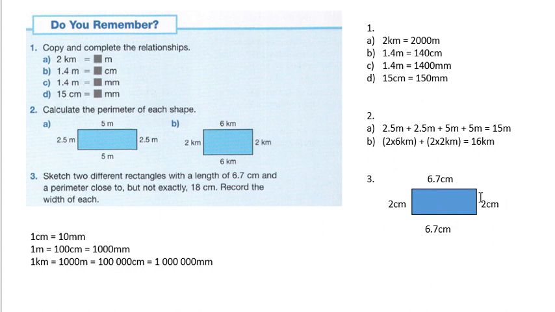So when I add the other two sides together and add to 13.4, I know I have to get close to 18, but not exactly. So if I do 13.4 plus 4, I get 17.4. So this rectangle meets the criteria, but you can get closer.